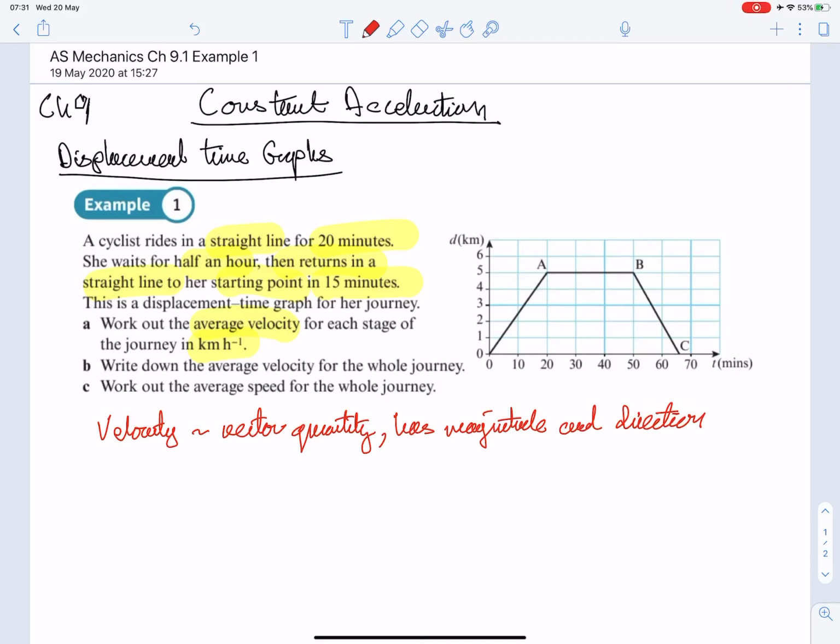As it's a straight line, the direction is fixed.